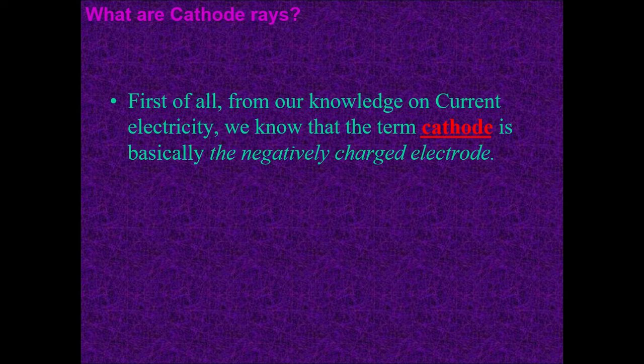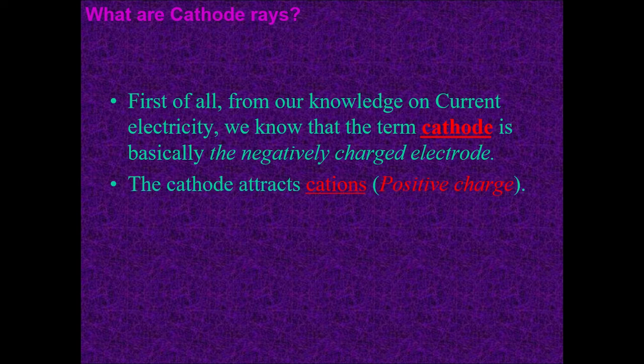So if we have terminals of a particular cell, the cathode is basically the negatively charged electrode. And from our previous topics, under electrostatics, you're able to see how we can distinguish a cathode and the positively charged electrode. Basically, the cathode attracts cations.